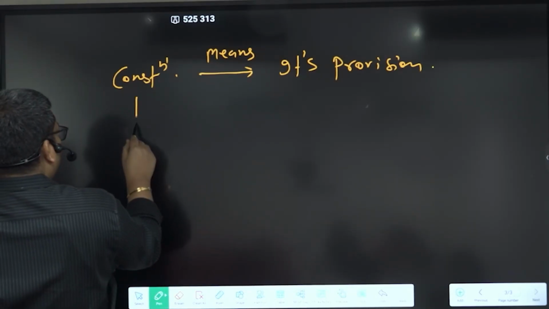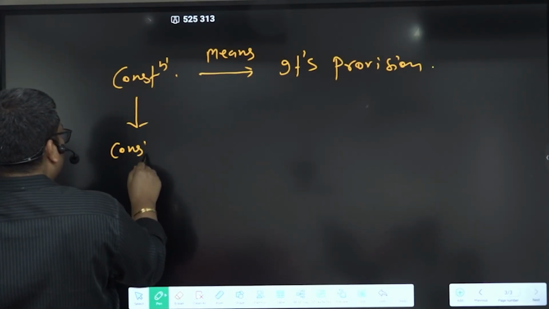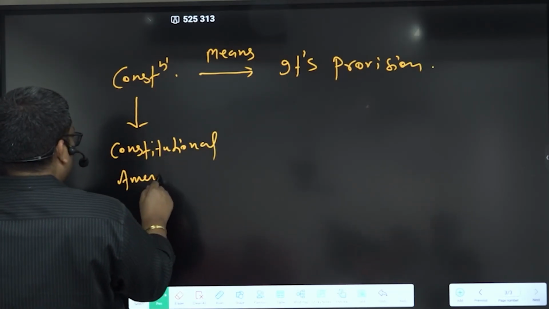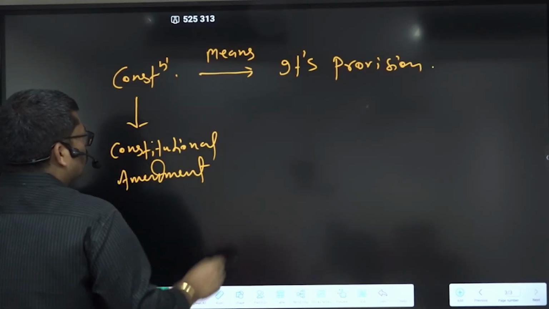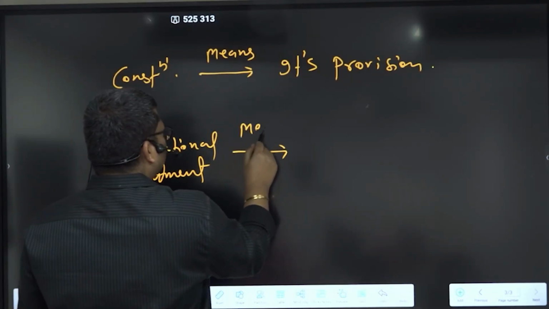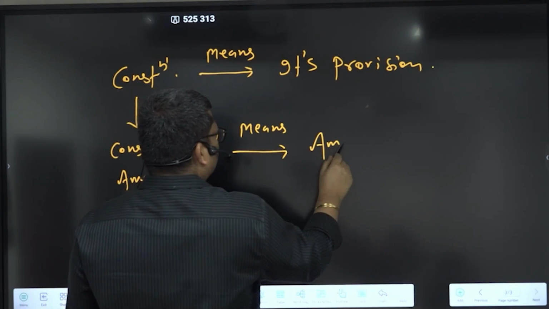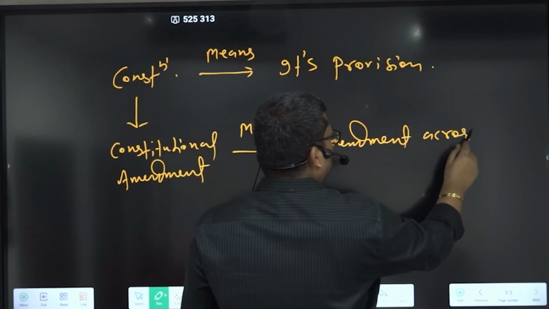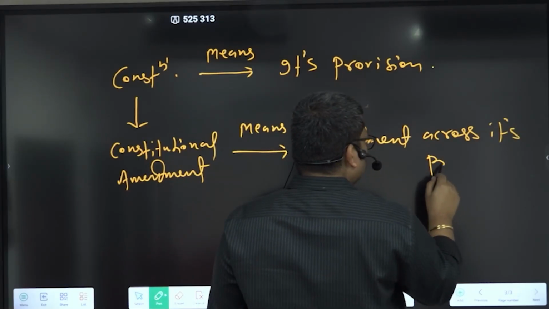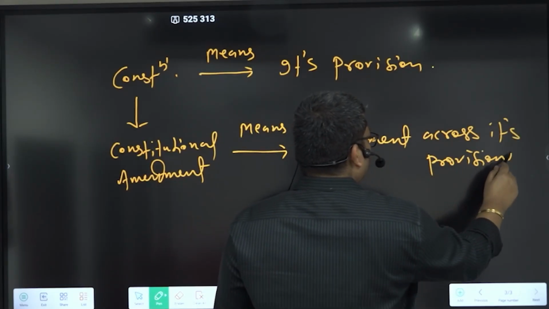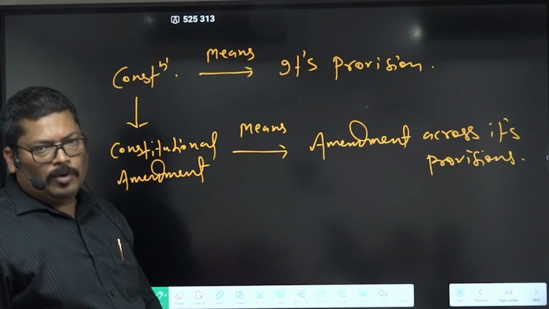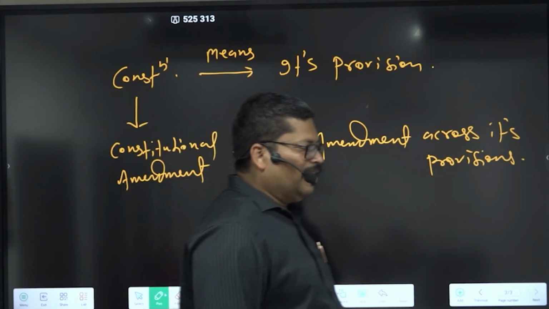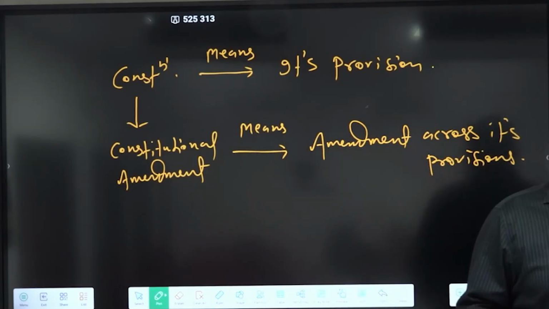So constitutional amendment means amendment across its provisions, and we are talking about amendment to Indian Constitution. So amendment to Indian Constitution means amendment across the provisions of Indian Constitution.